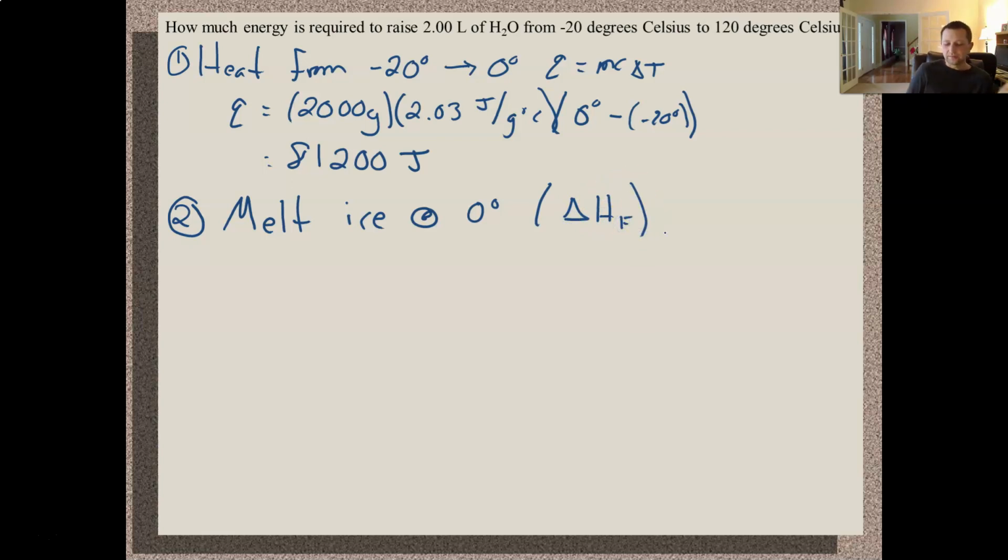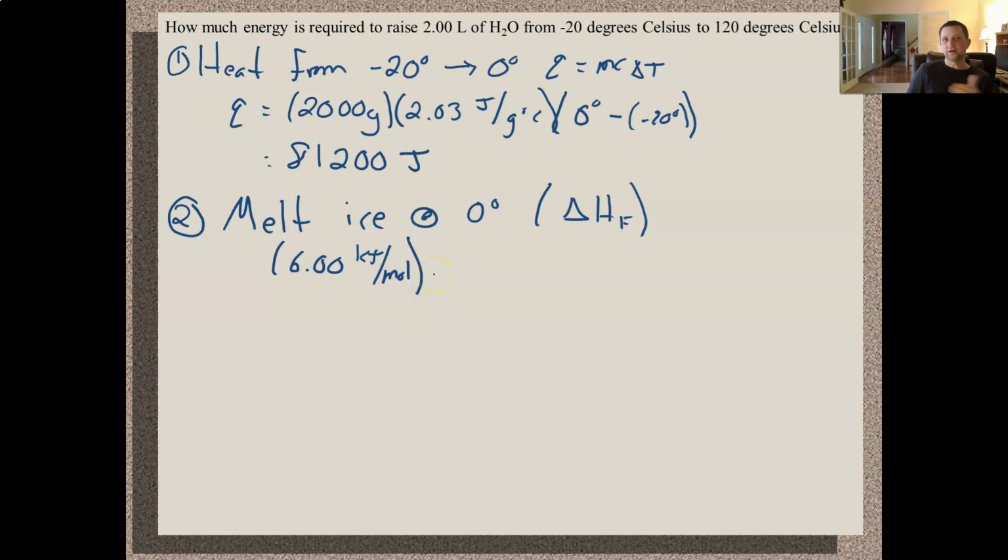I would look up the delta HF value. So you're going to have a chart with all these in it. If you look up the delta HF, the heat of fusion of water, you're going to get 6.00 kilojoules per mole.